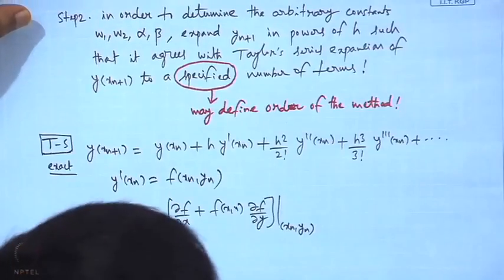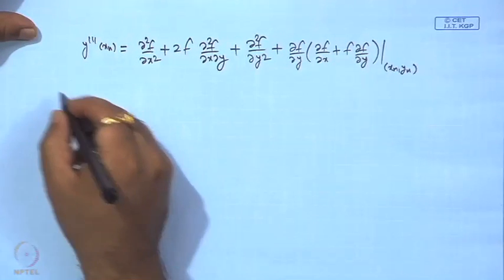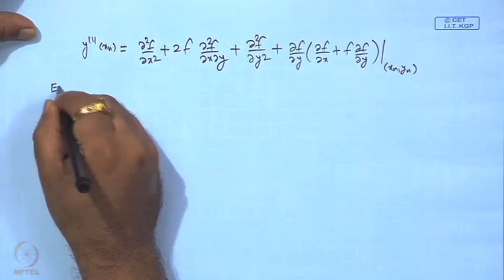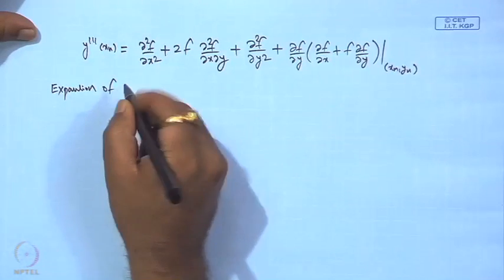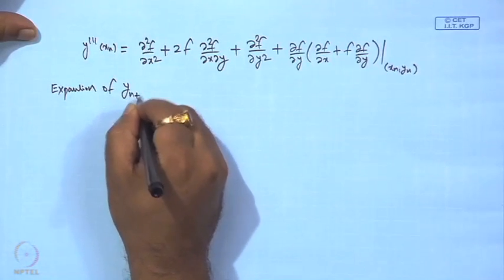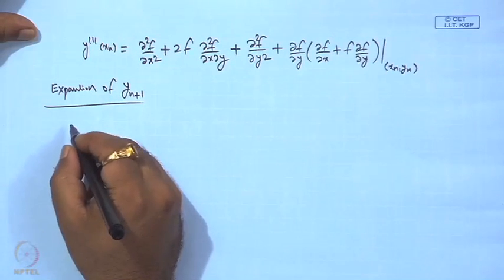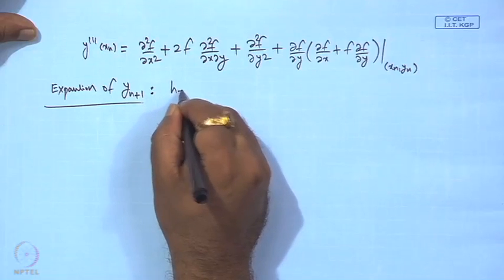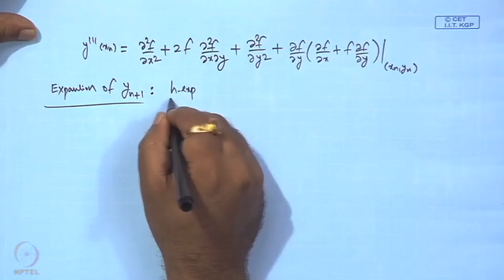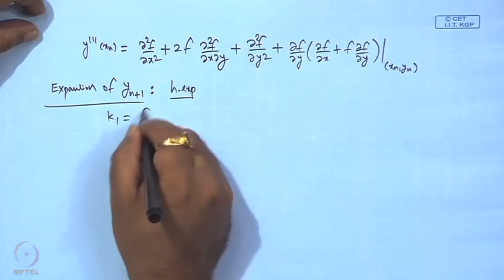So, let us do that. So, y 3 is done. So, now we proceed to the expansion of y n plus 1. Okay. So, this I call h x p.